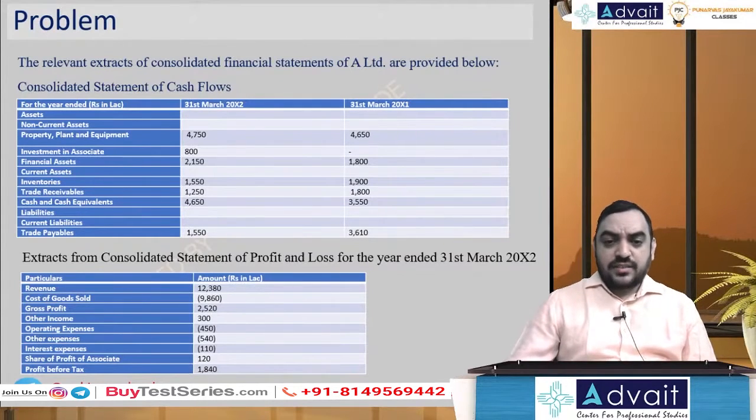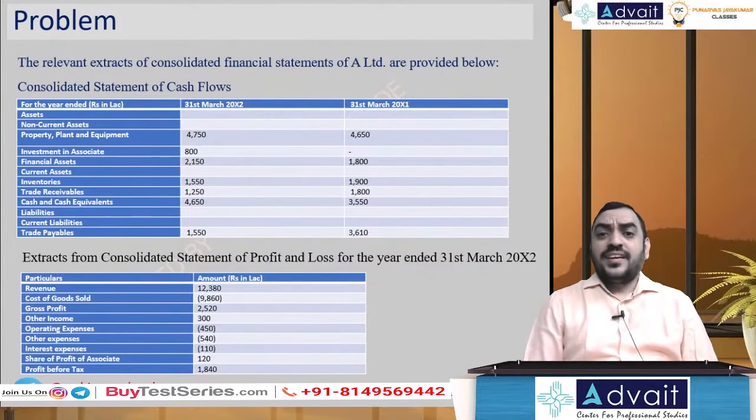the relevant extracts of consolidated financial statements of A Limited are provided below. Consolidated statement of cash flows for the year ended 2002, 2001. We have non-current assets, PPE, investment in associates, financial assets, current assets, inventories, trade receivables, cash and cash equivalents, liabilities, current liabilities, trade payables.